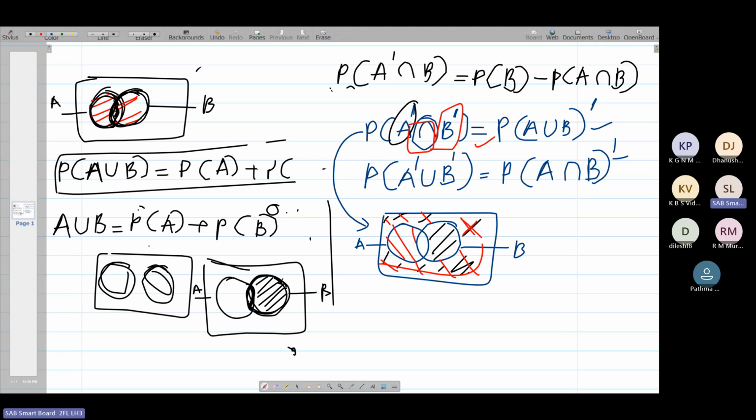Okay, then the simple concepts in probability. First we study what probability is. Probability is a numerical measure of uncertainty. Then we define different concepts in probability. What is the experiment? Experiment is a process where we want to get some outcomes.